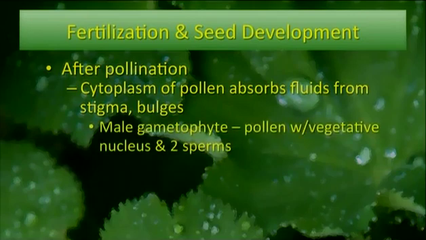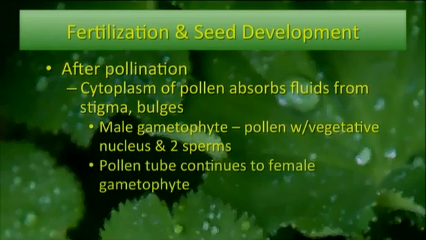So the male gametophyte is generally a pollen with three nuclei, remember? A vegetative nucleus and two sperms. That's what the male gametophyte is. The pollen tube then continues on through the micropyle to the female gametophyte.